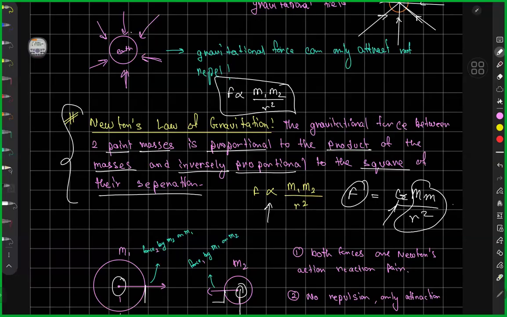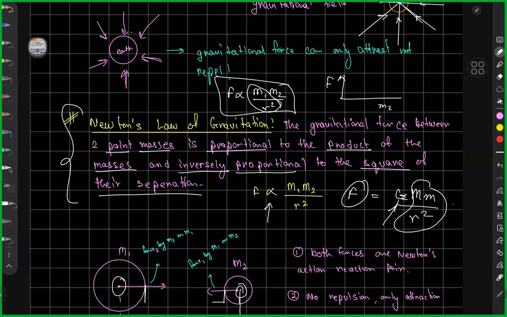What they did was plot the force they found experimentally against, let's say, the mass m2, or they were changing the separation. One variable they changed. Let's say they change the mass m2, and m1 and r square remained constant.